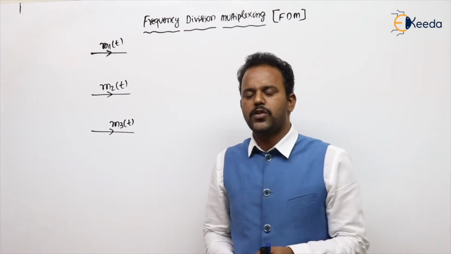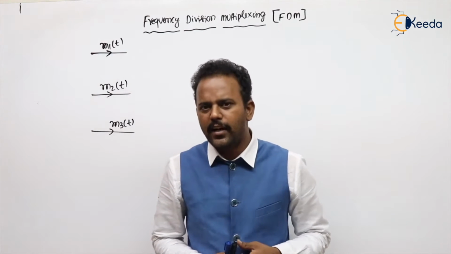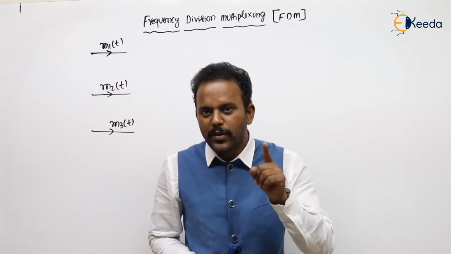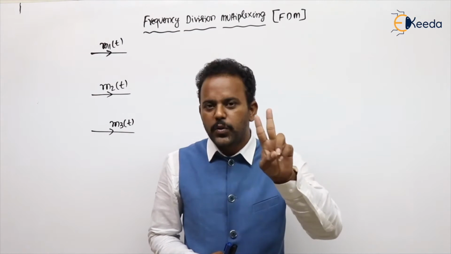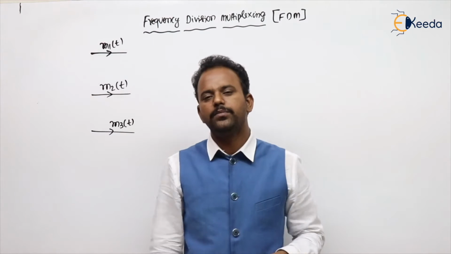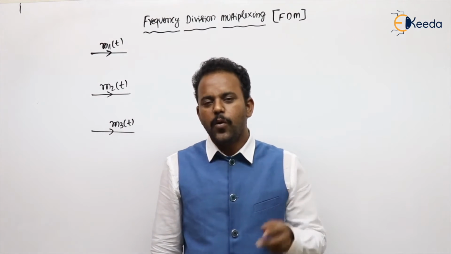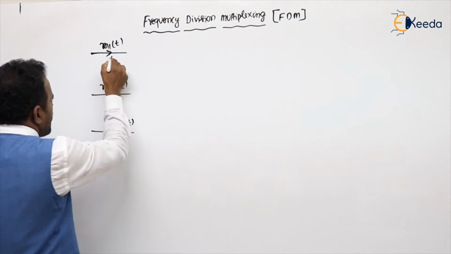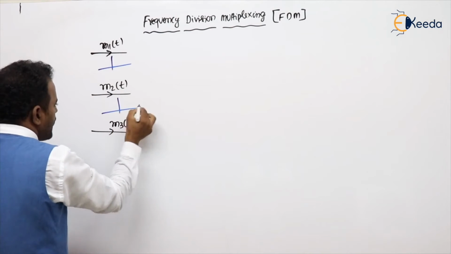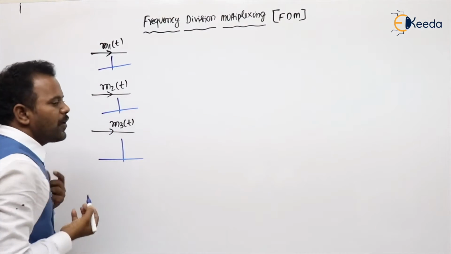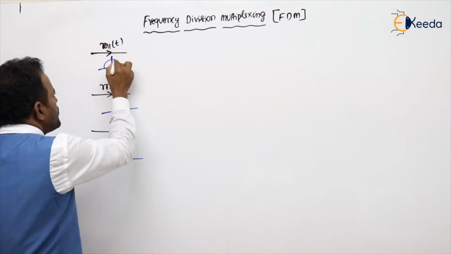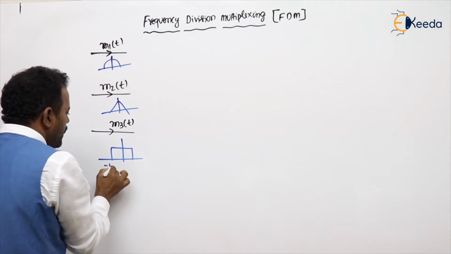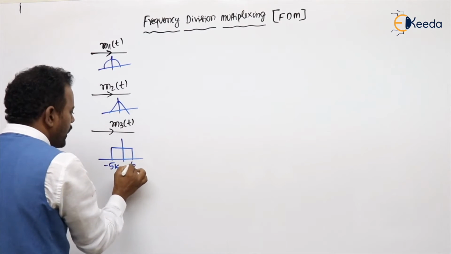Even on TV, hundreds of channels are there, but whichever channel you tune, there are only 2 components, audio and video. So for ease of understanding, I am taking all the messages with the same frequency range, but I am drawing different shapes to show that all these messages are different.